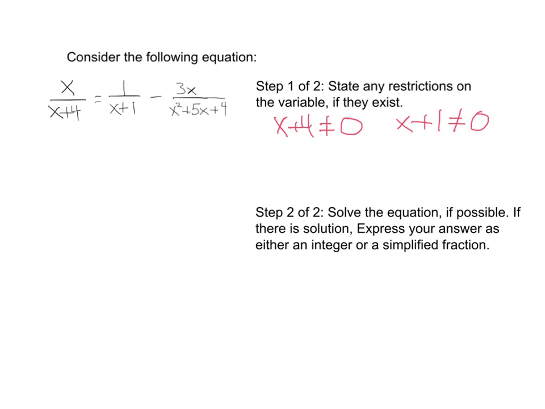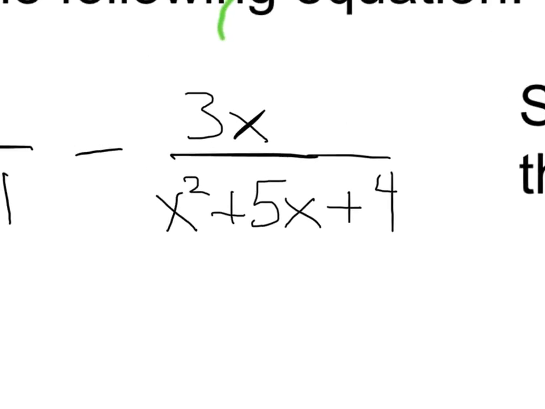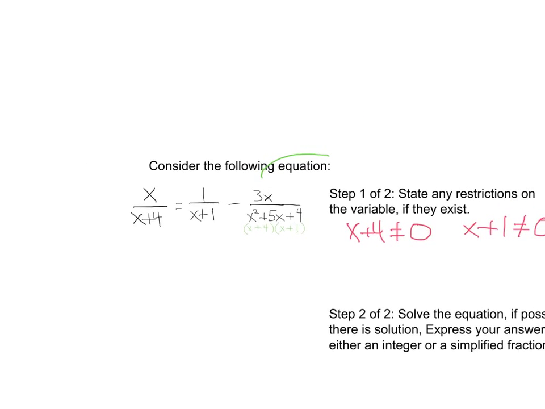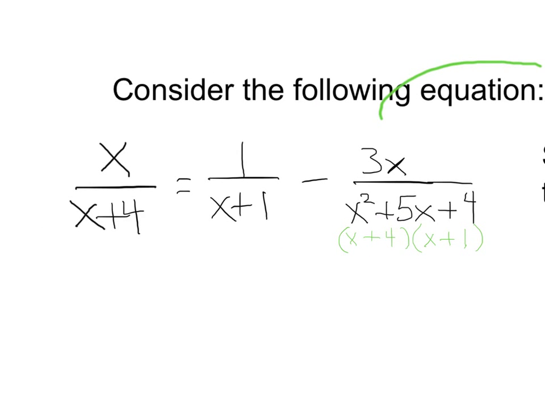Let me zoom in here for a second. This x squared plus 5x plus 4 would factor into x plus 4 and x plus 1. And you might notice those are our same denominators that we had here and here.